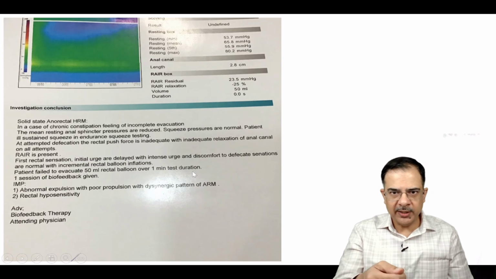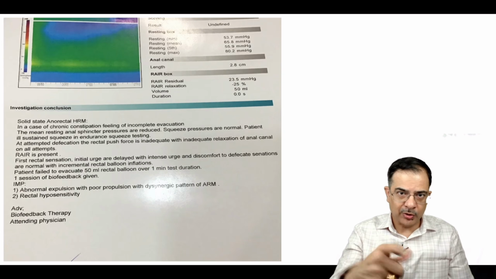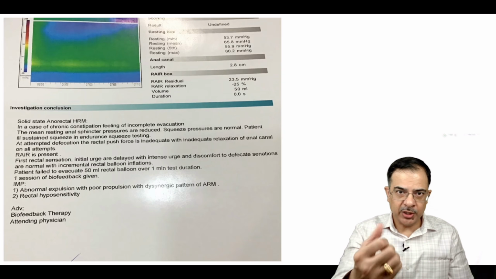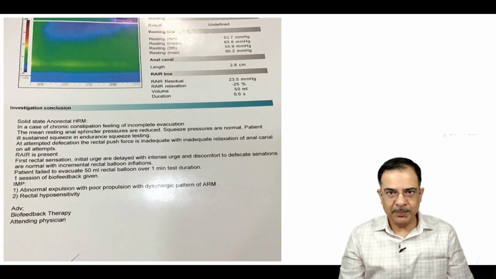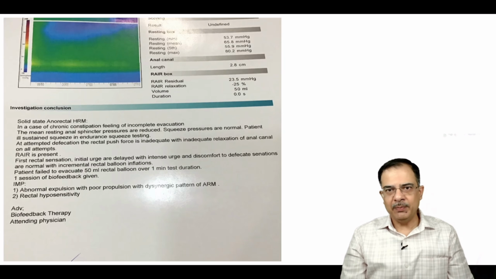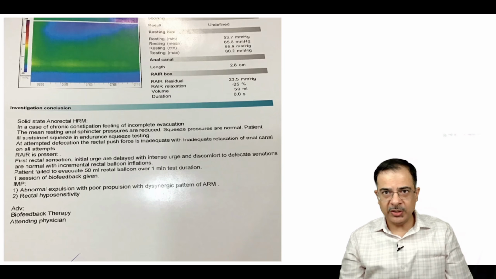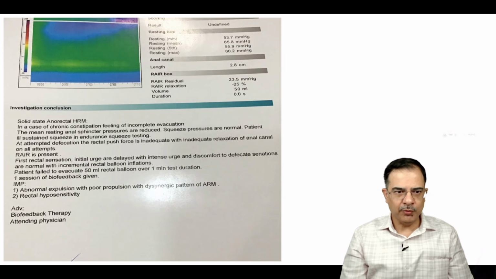So a Foley's catheter is inserted and 50 ml of distilled water or saline is inserted in the balloon. So the patient will feel an urge for defecation, and normally the patient will expel that balloon in 1 minute, but here the patient was taking more than 1 minute.